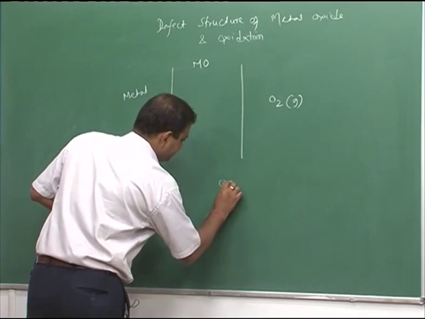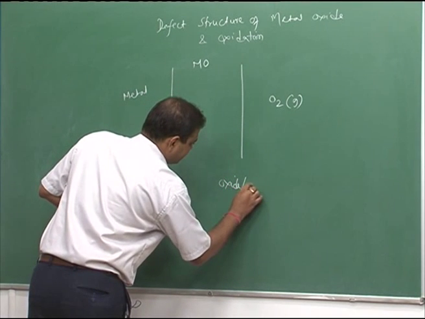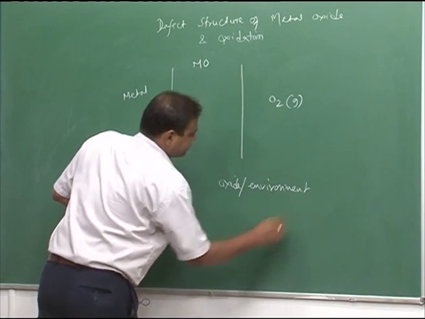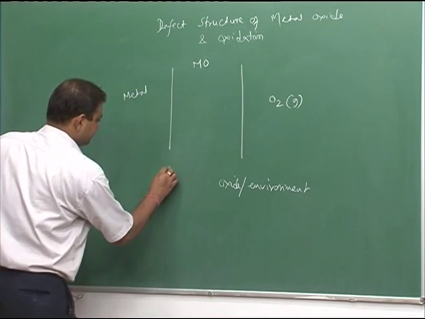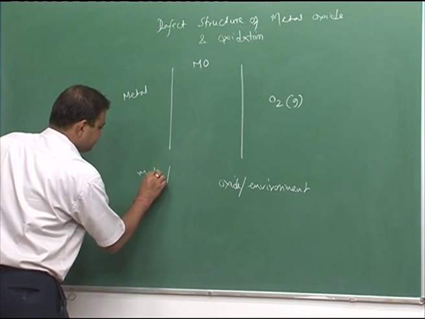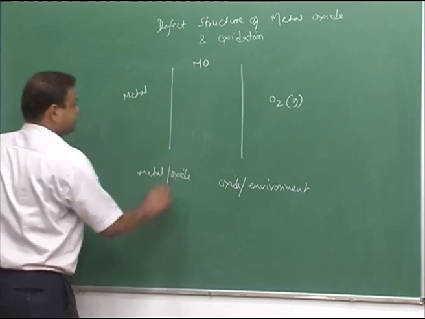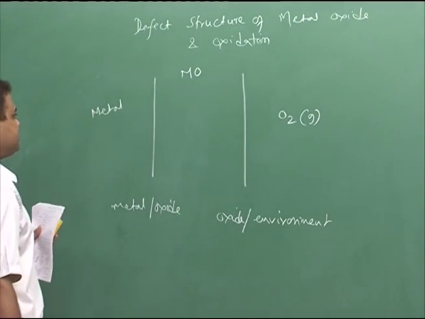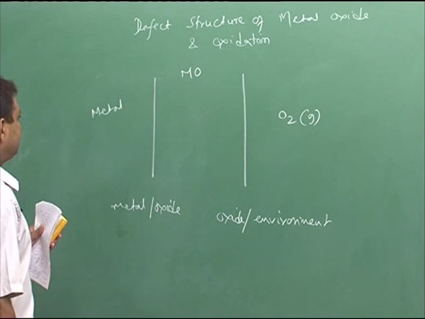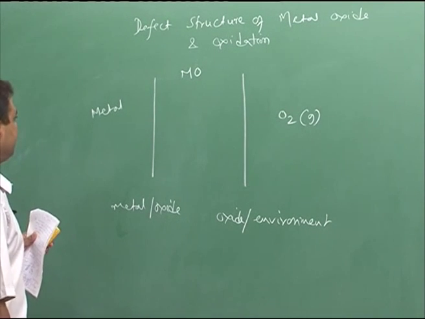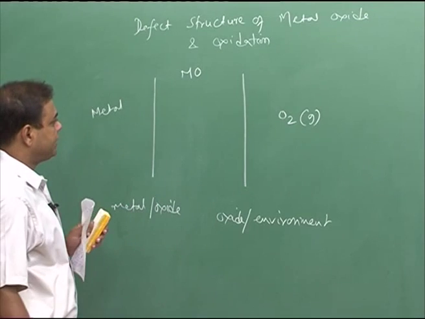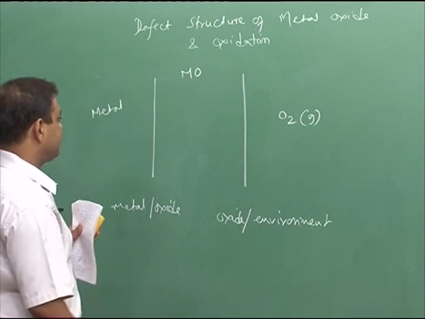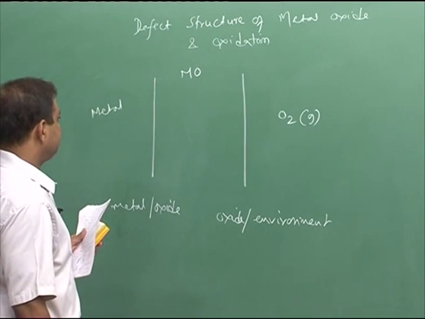So, this is oxide environment interface, and this is metal oxide interface. We see the simplistic approach to understand how the oxidation is taking place, and this is already discussed while discussing the similarity between oxidation and electrochemical corrosion phenomena.